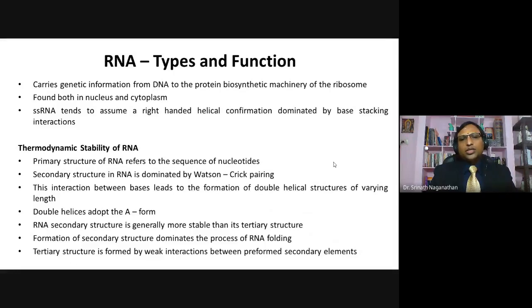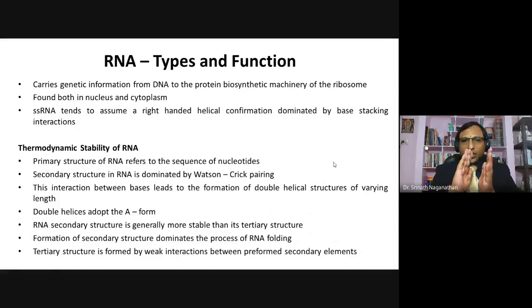The secondary structure in RNA is dominated by the Watson-Crick pairing, as observed in the B-DNA conformation. This interaction between the bases leads to the formation of double helical structures of varying length, because, as I said, stem loop formation, hairpin formation and other formations take place in single-stranded RNA, because they have a complementarity nature.